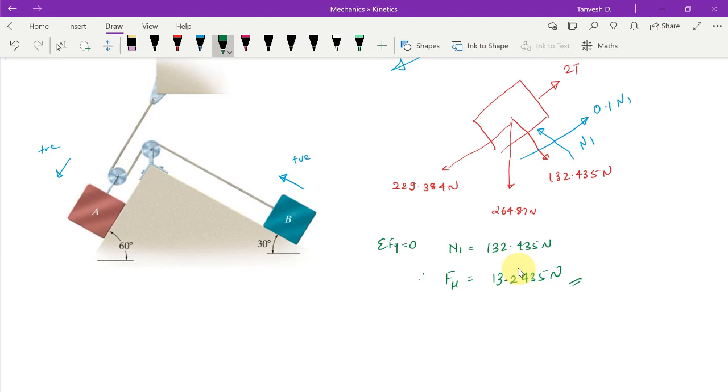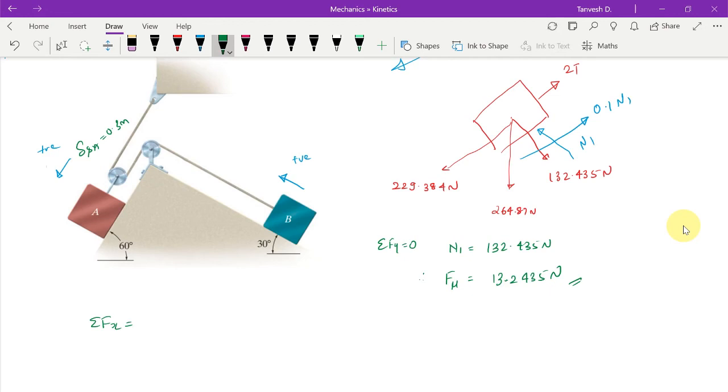Now summation Fx is basically the one which is causing the work. The displacement of A, delta SA, is 0.3 meters, right? So the work done, summation Fx, is how much?